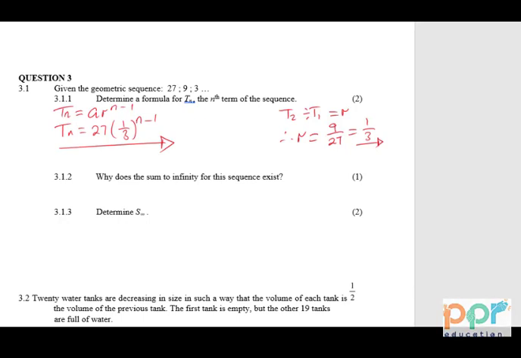Now the question elandelayo isithi why does the sum to infinity of this sequence exist? Why it exists? It's because of the common ratio that we received.